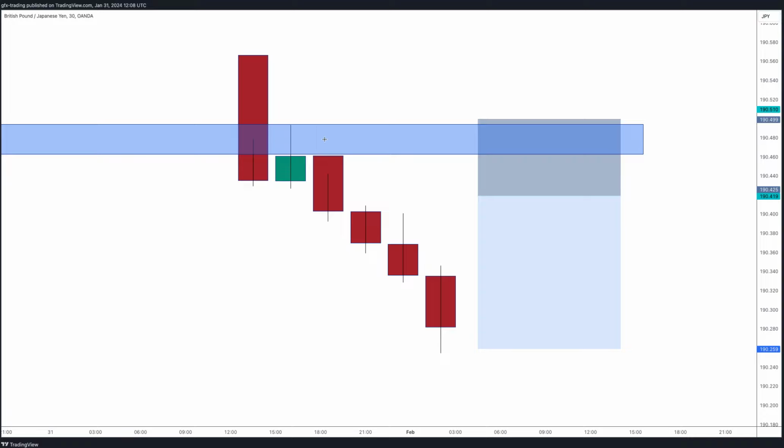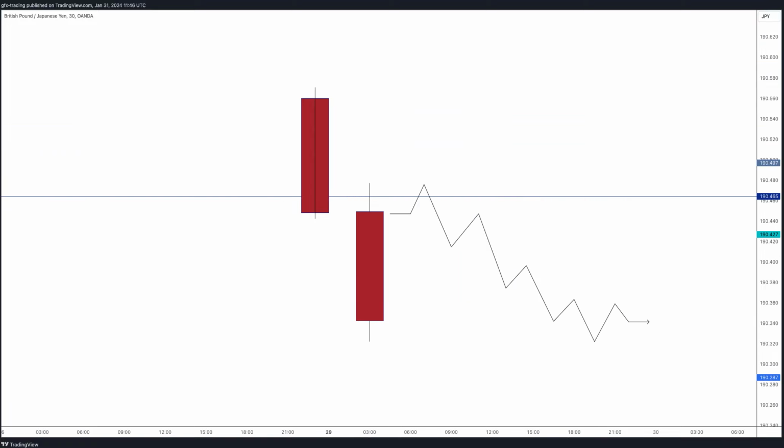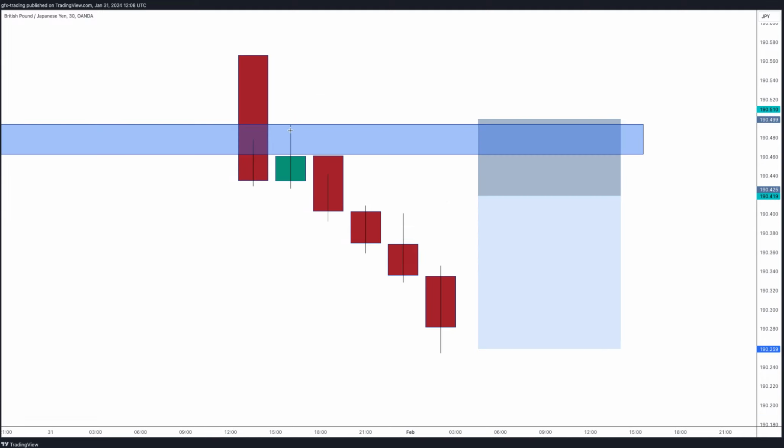So in terms of this area here, if you imagine that this is now the top wick, that green candle has basically created the wick to the upside, so this is like a liquidity grab, and then it may close bullish.